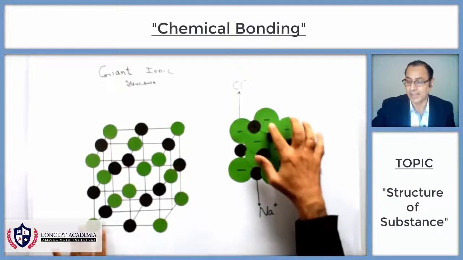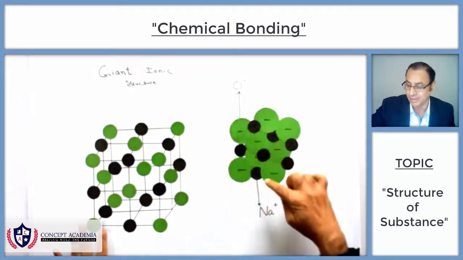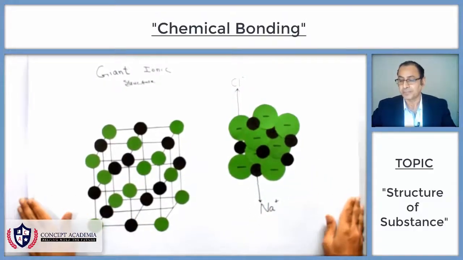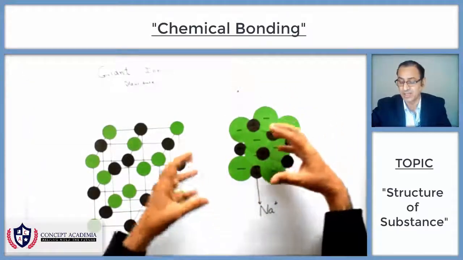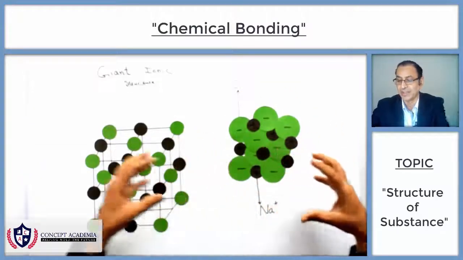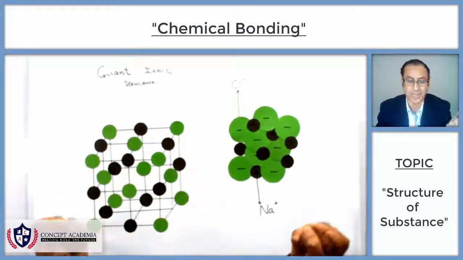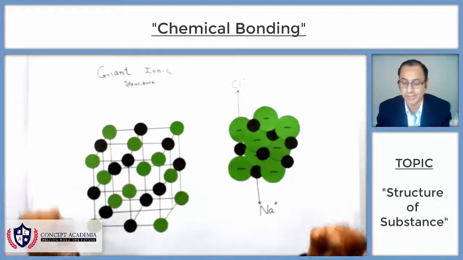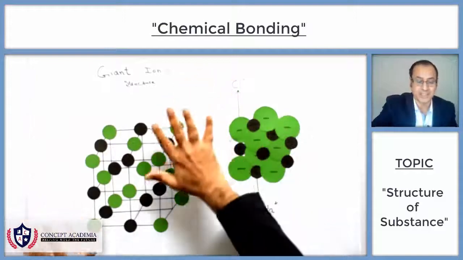So you see the negative, positive, negative, where negative is for chloride and the positive is for sodium ion, and in this way the chloride ions and the sodium ions are closely attached together like a cluster. So the forces of attraction are very large, very big. So it is a giant ionic structure.